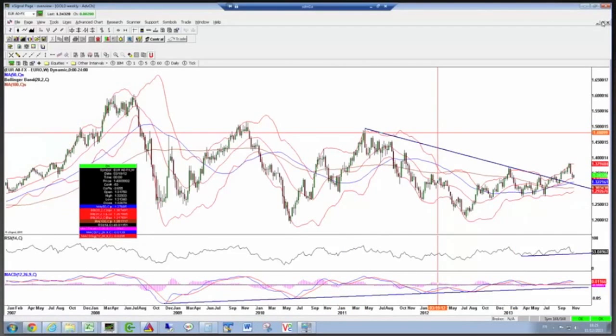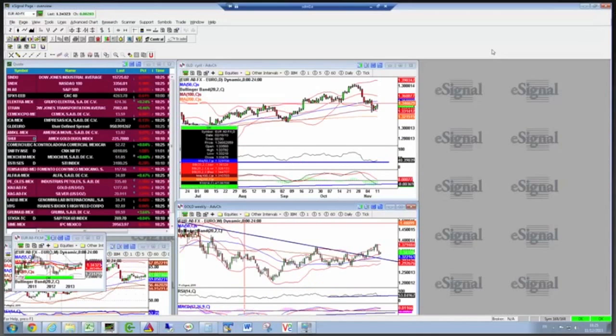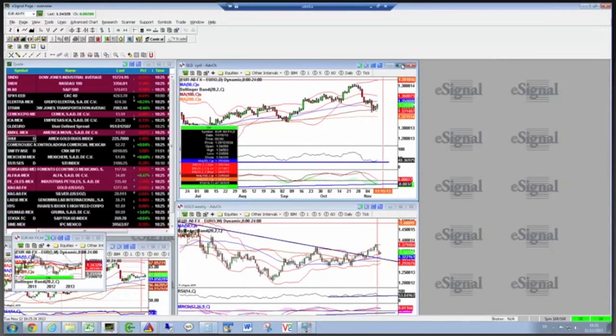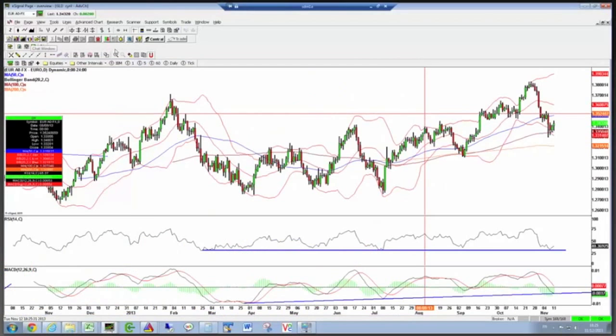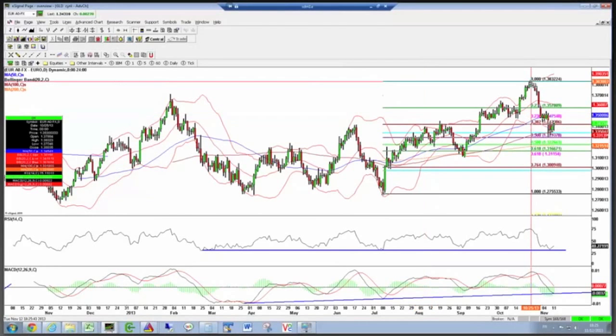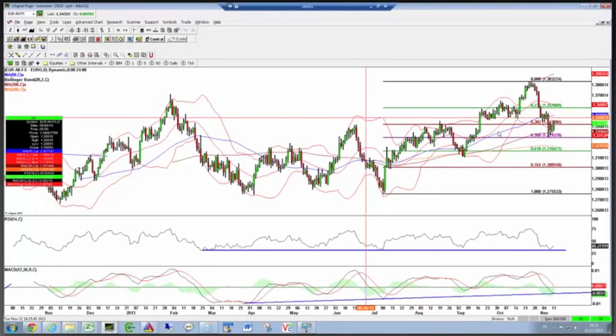regarding money management, if you look at the euro-dollar, I think it could be interesting to have a look at the Fibonacci retracements. The euro-dollar is actually bouncing off the 50% Fibonacci retracement, and this 50% retracement is also the rising 20-week moving average that I showed you on the weekly chart.